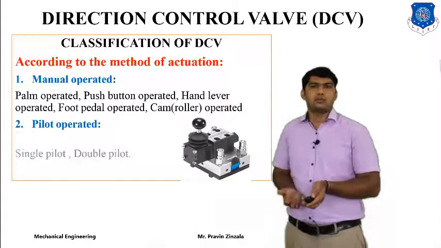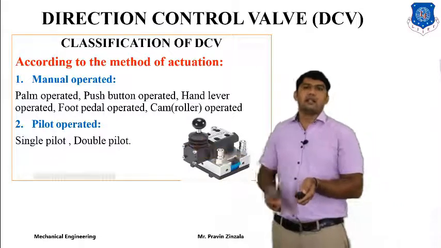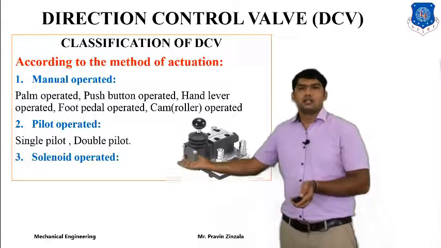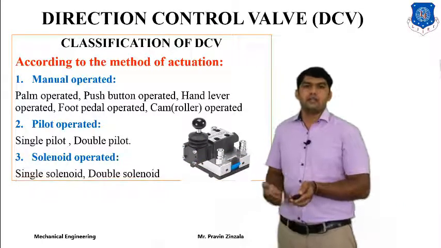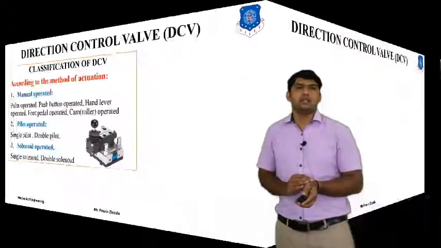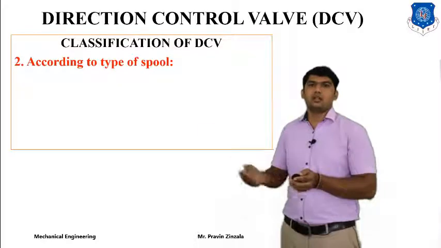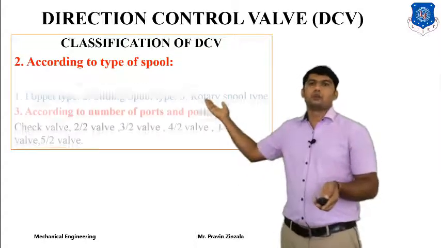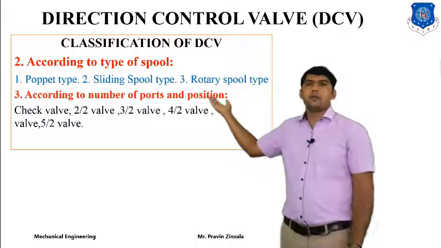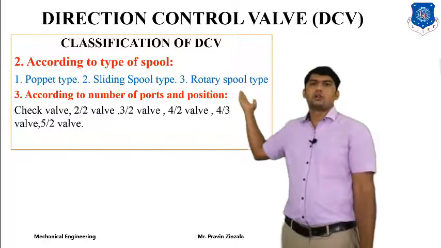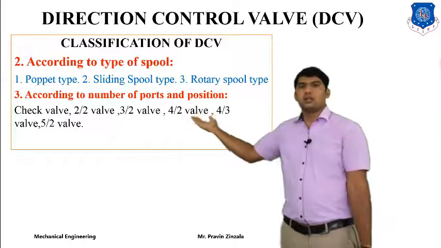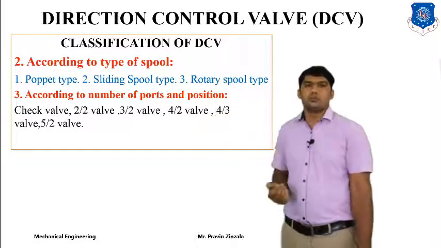Second is pilot operated, single pilot and double pilot. Next is solenoid operated, which is one type of electronically operated. Next classification is according to the type of spool, such as poppet type, sliding spool type or rotary spool type. Third one is according to number of ports and positions.